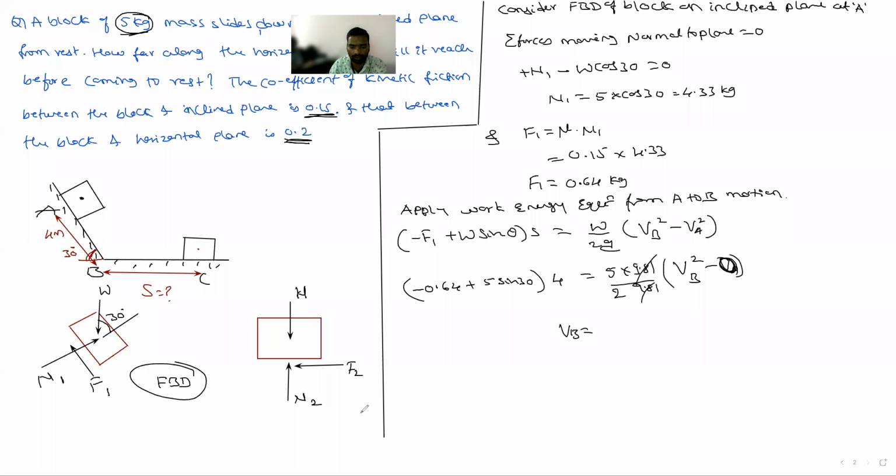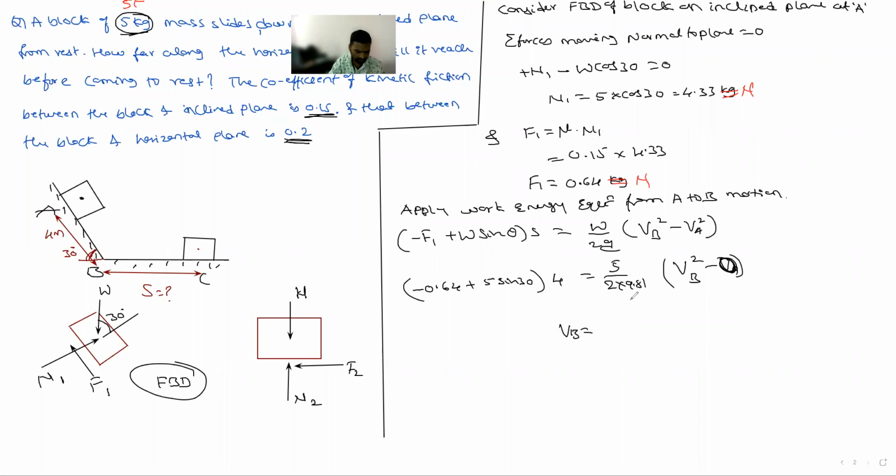Take it as 5 Newton, so this will be Newton, then this will be Newton, and this is also Newton. Consider this is 5 by 2 into 9.81. Consider this is Newton and solve it. I will check it.